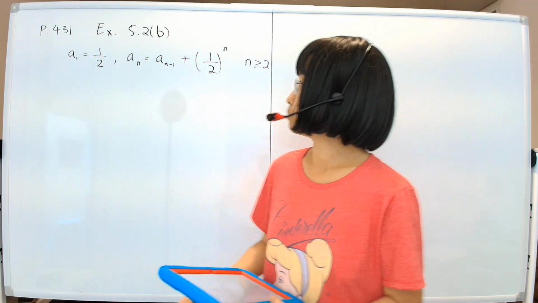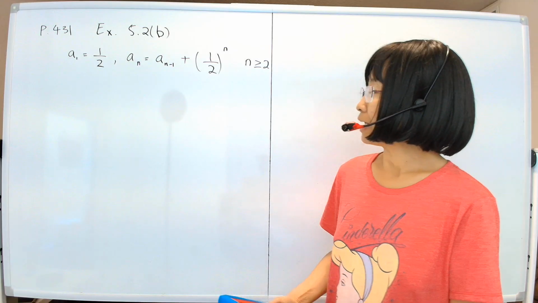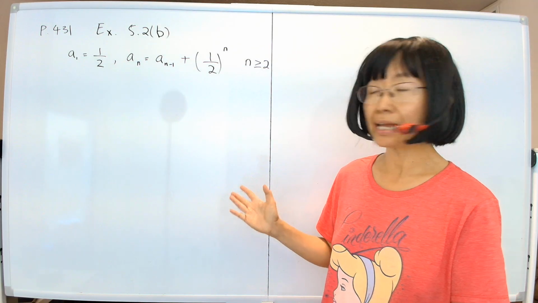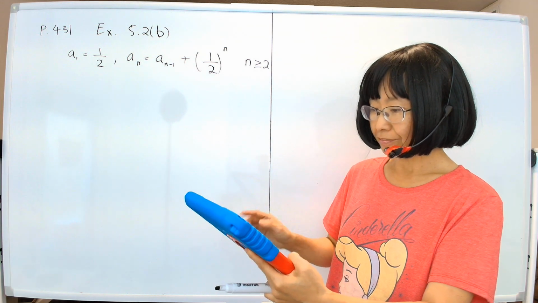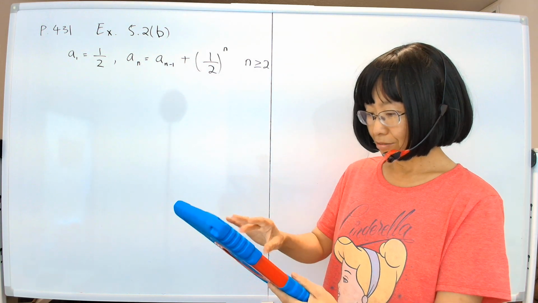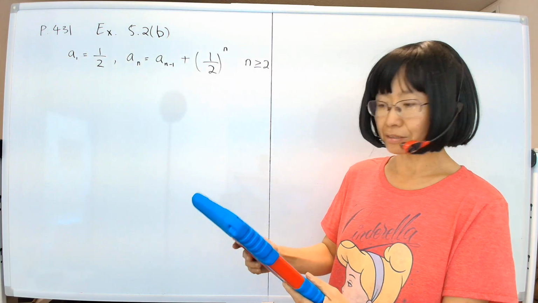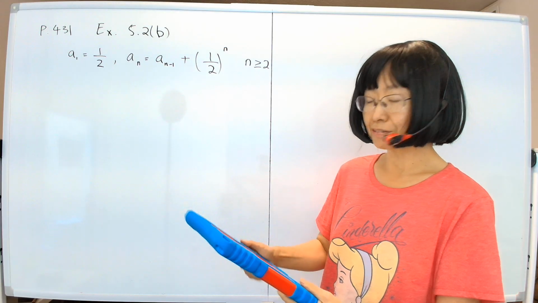Now, 5.2b says that we have a1 equals a half, and then an will be a(n-1) plus 1/2 to the power n, which when you write out a bunch of numbers, you see some kind of a pattern. As your book says, a1 is 1/2, a2 is 3/4, a3 is 7/8, and a4 is 15/16.